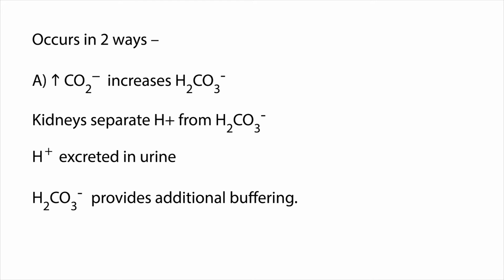Increase in carbon dioxide increases the carbonic acid and therefore the pH decreases. The increased carbonic acid is presented to the kidney where the hydrogen ion is separated from the bond, yielding bicarbonate. This free bicarbonate provides additional buffer. In addition, the kidneys excrete the free hydrogen ions in the urine to reduce the acid level.